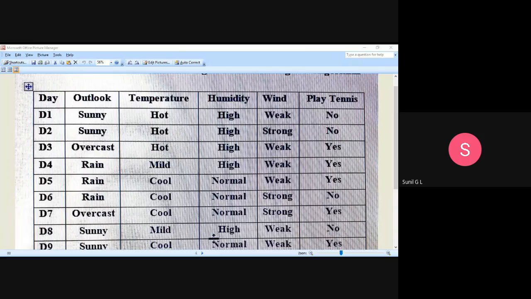Please calculate and reply back. Please put answer in chat box.